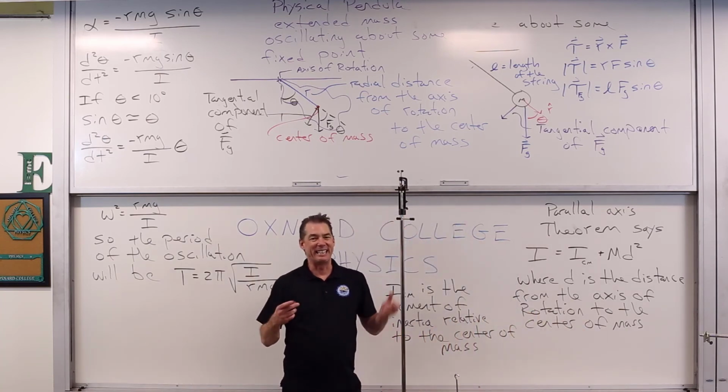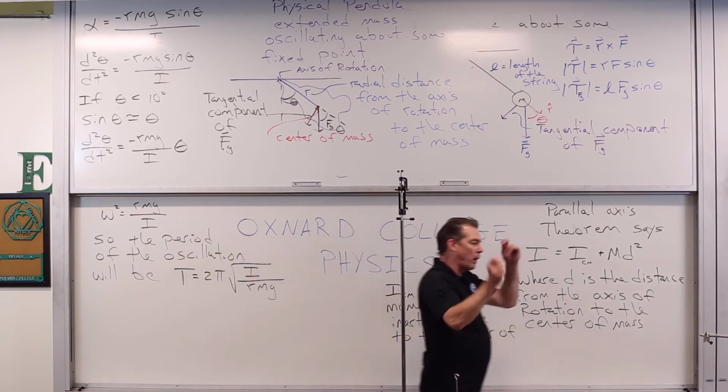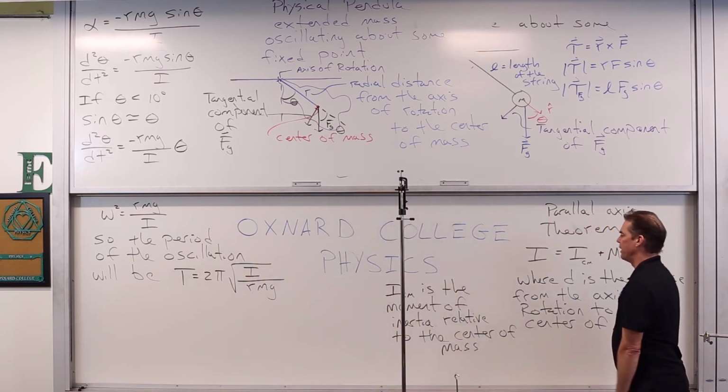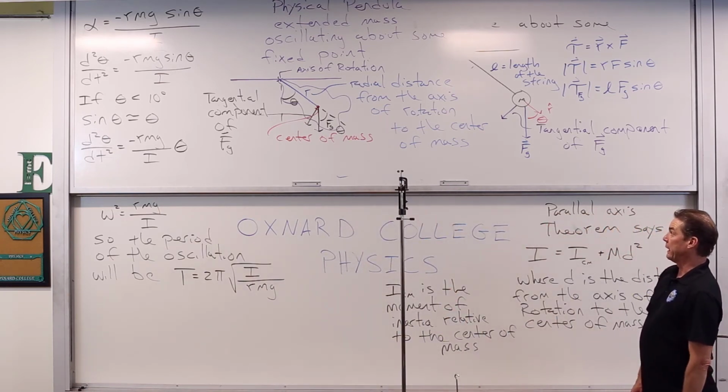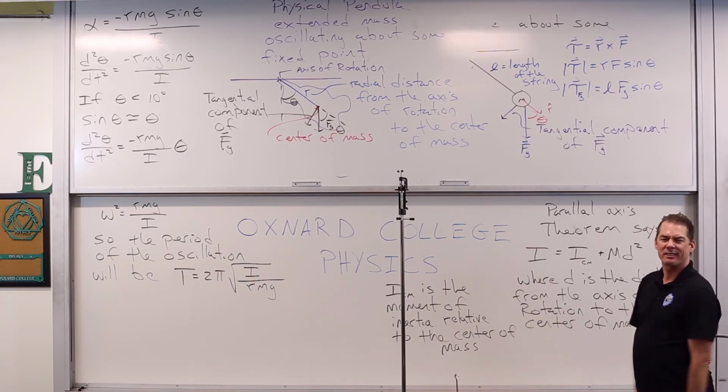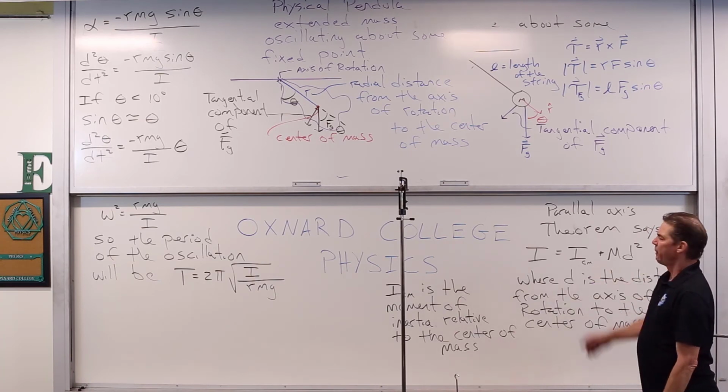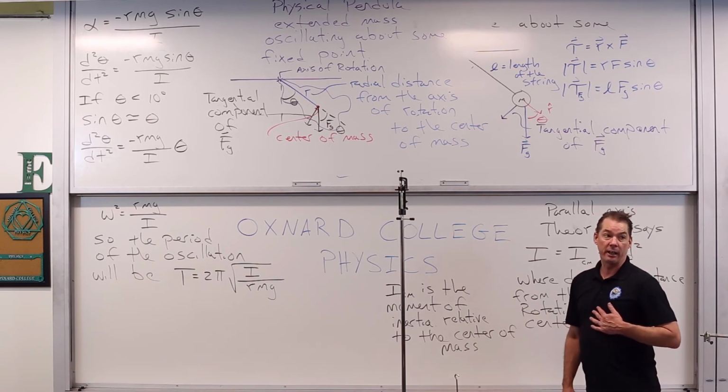Different, but easy to get. Calculus-wise, solving that all out with a bunch of integrals gets to be really tedious at times. They're good calculus problems, but parallel axis theorem comes in really handy a lot of times.